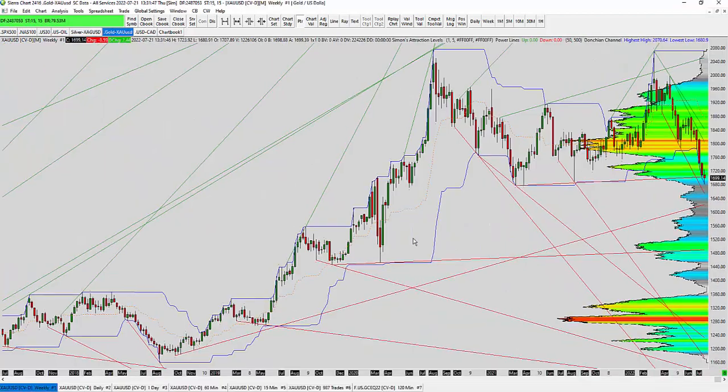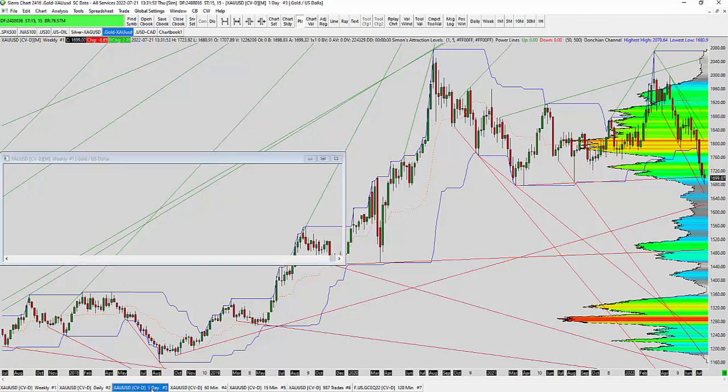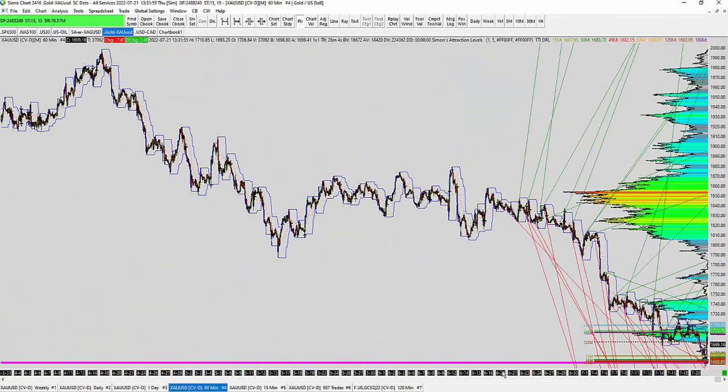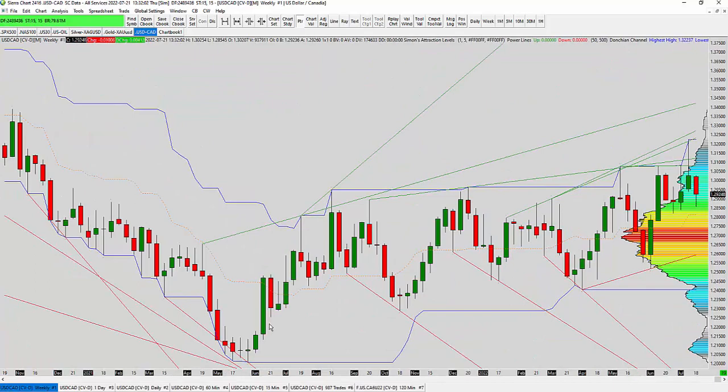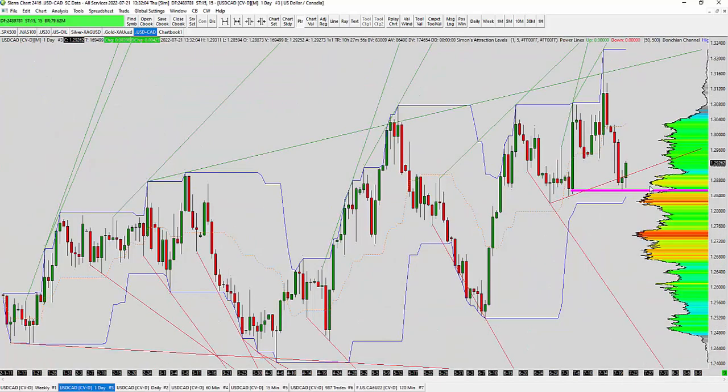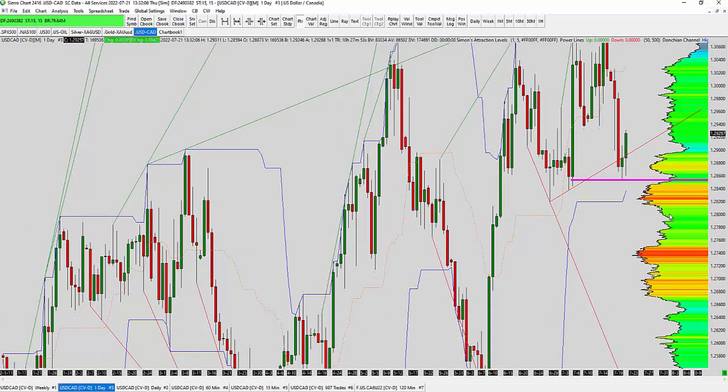Gold, although it touched this area multiple times here, it still bounced. If you look at the 60-minute, so here's the thing, the USD CAD, maybe here it bounced from the bottom of the area using this SAL level.